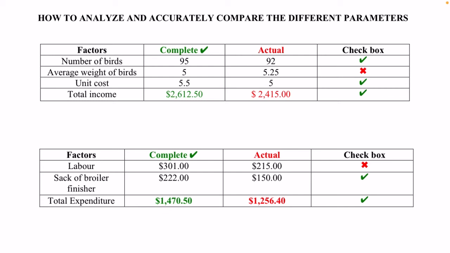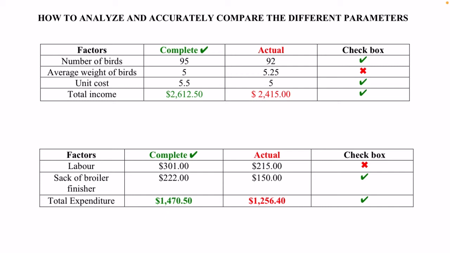Once we have established our opening statement, we then need to look at supporting details to know what factors contributed to our projected income being greater than our actual income. So let's first look at the number of birds.